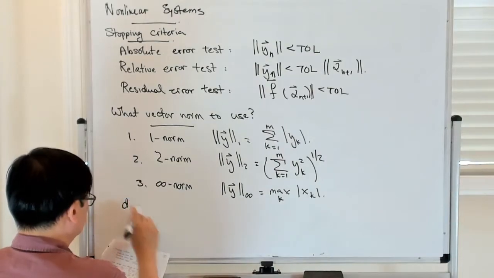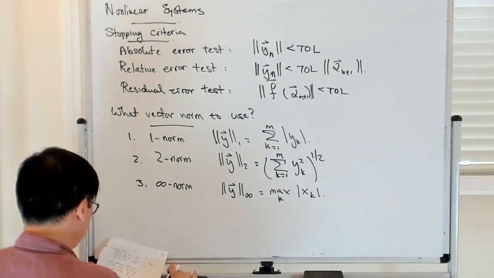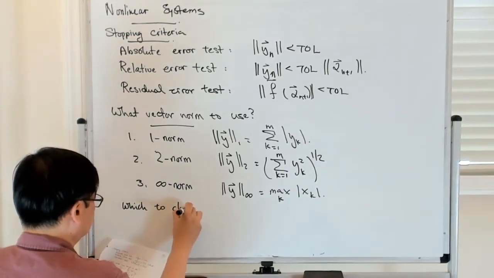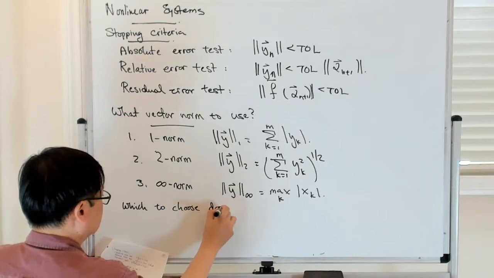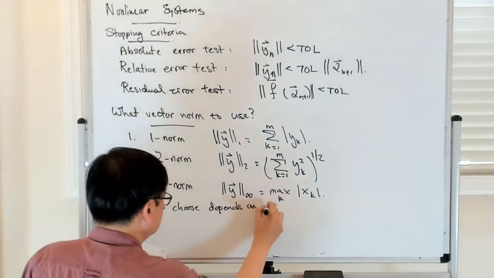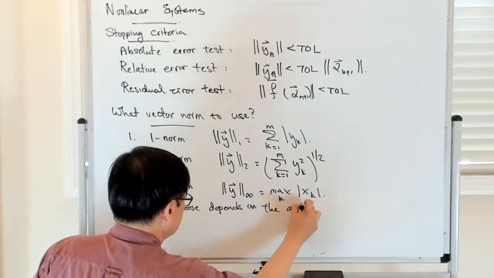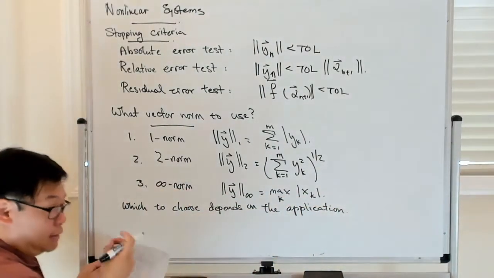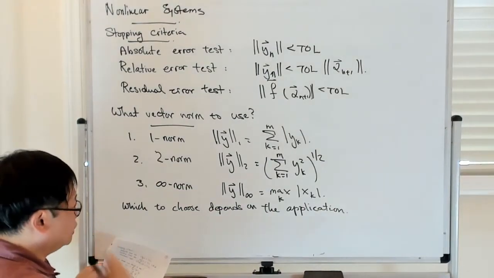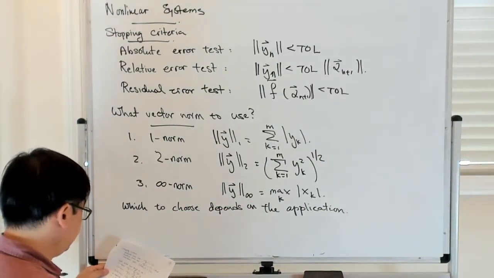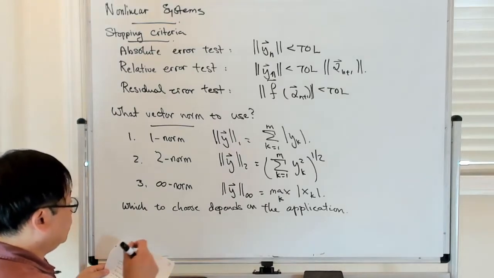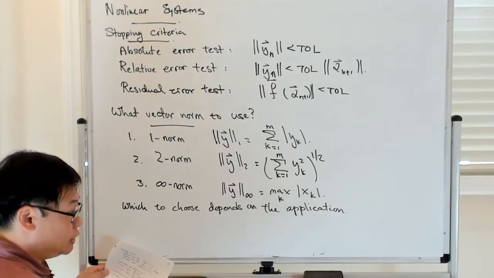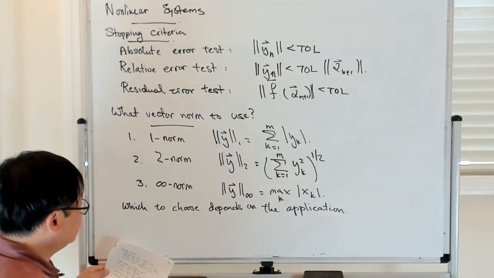Okay, so which norm to choose depends on the application. It might depend on, for example, the significance of each of the components of the vector, and to what extent you want to make sure that all the individual equations are satisfied as well as possible.